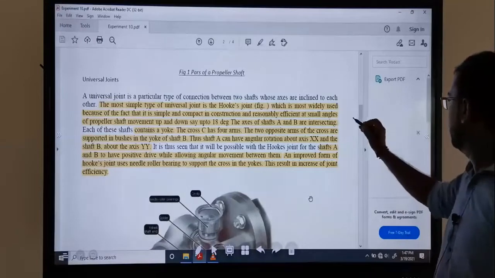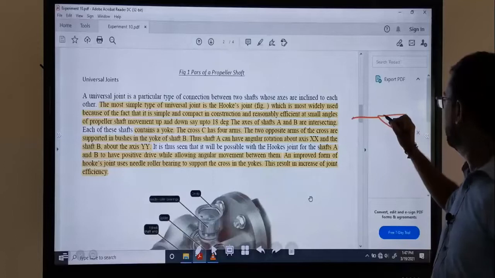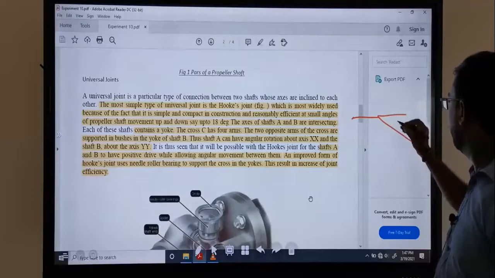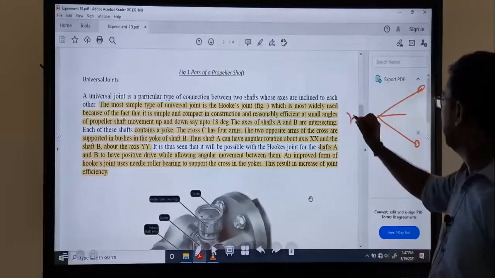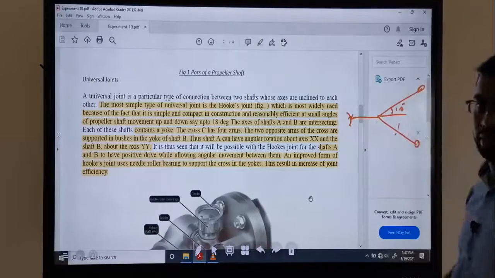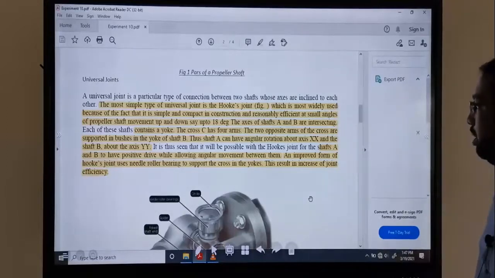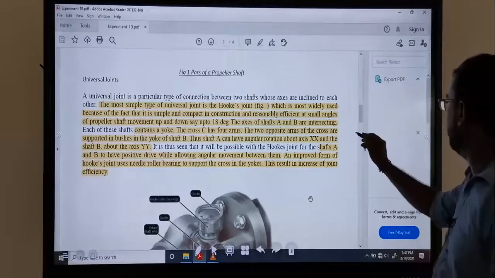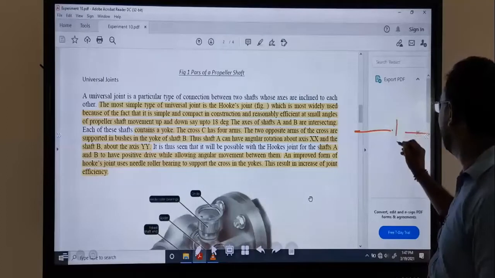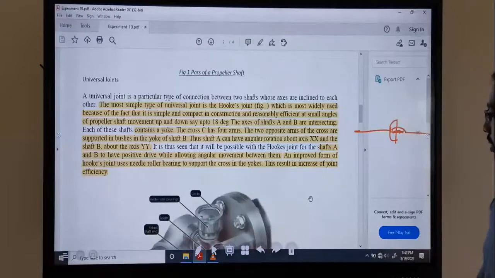That means the propeller shaft angle changes. Sometimes the output shaft goes downwards, sometimes upwards. This is the 18 degree. The two axes of shafts A and B are intersecting. This is the input, this is the output, and both intersect at the universal joint.